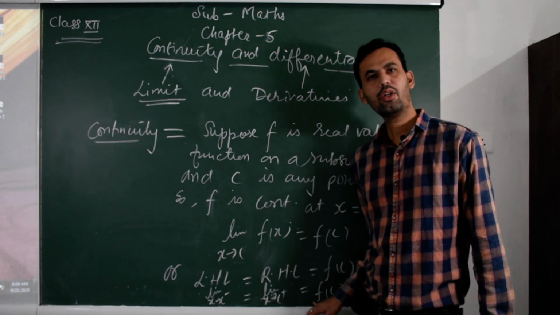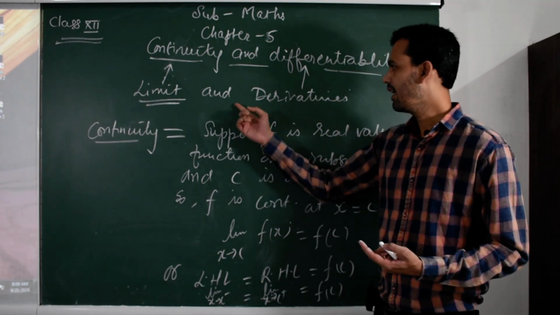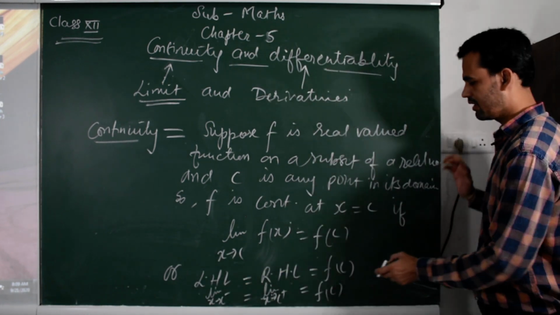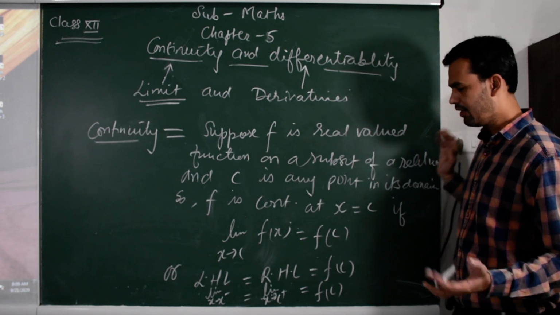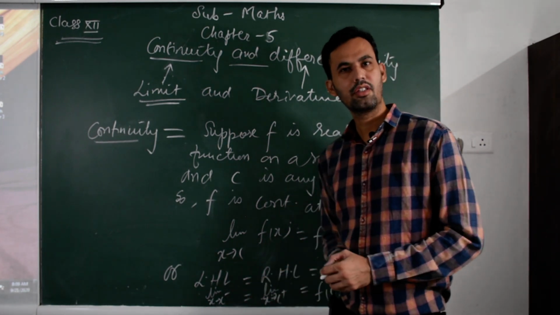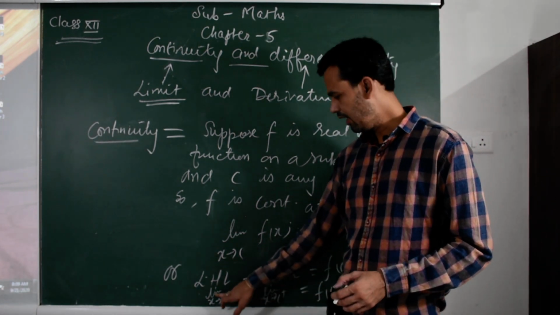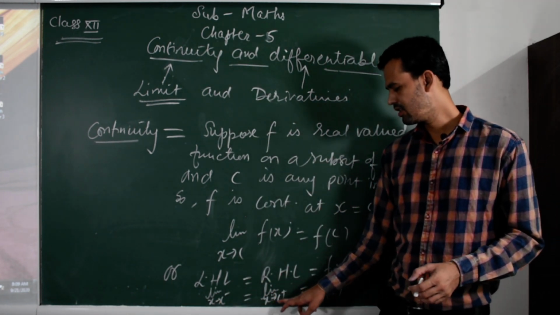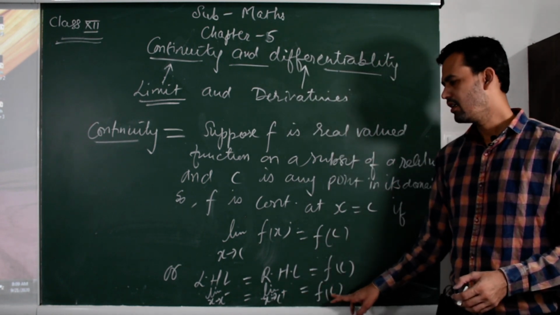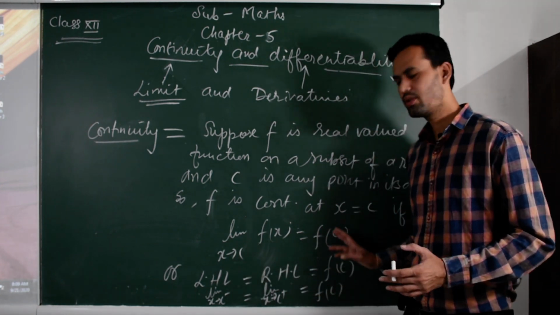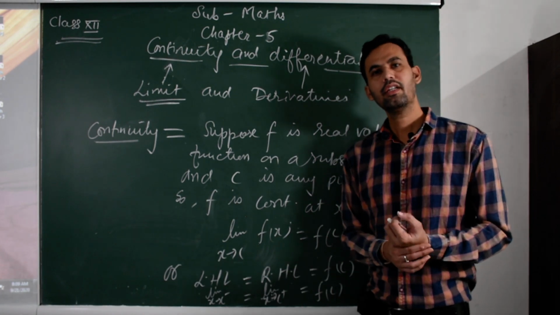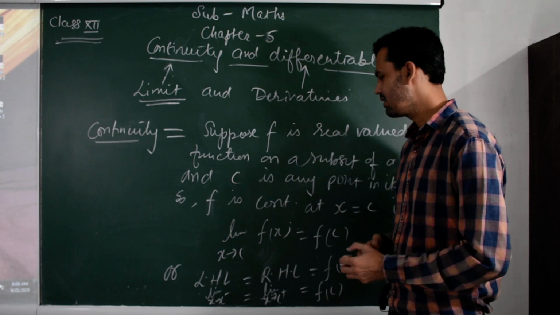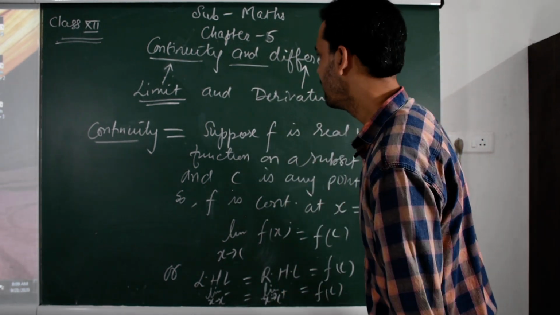If these three are equal, then we say the limit exists and the function is continuous, otherwise it is not continuous.